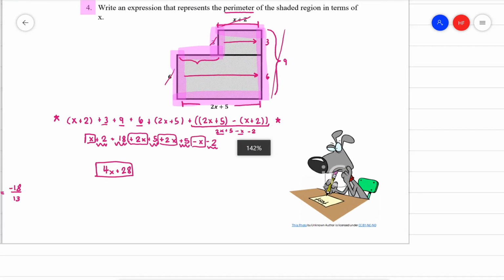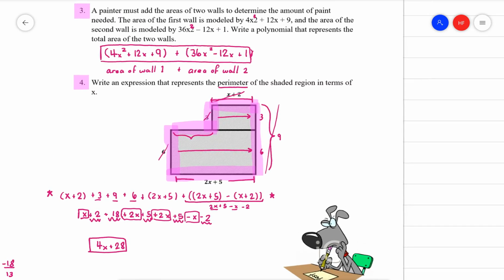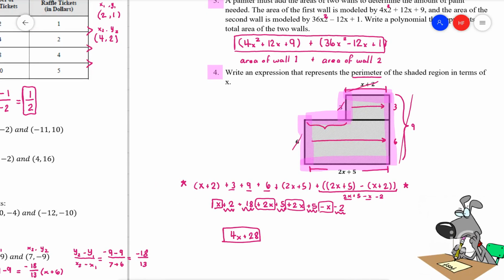Now, on number 4, on this last section, don't freak out if you had a hard time with it. I just wanted to test y'all on what you could do with regards to applications. So if we can use our brain and see what's going on with the shaded region and apply what we know about perimeter, I just want to see what we could do there. But this question in particular is not on the test.